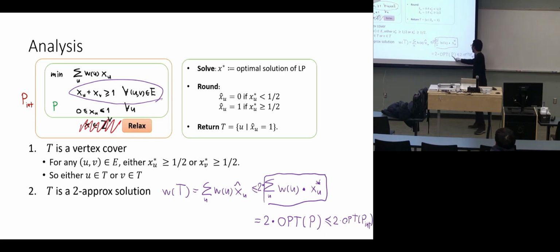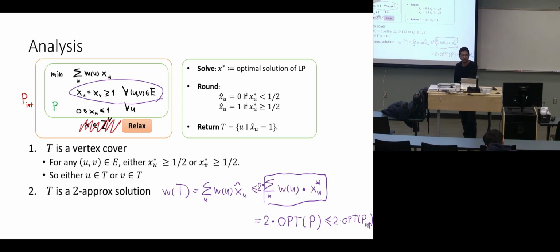Because the LP is just a relaxation of the IP. Because you just relax some constraint. So when you relax some constraint, the optimal solution can only decrease. So this guy is at most this guy. So we just showed that the weight of the set T is at most 2 times the optimal integral solution. So that's why T is a 2 approximate solution. Okay. Question about this?